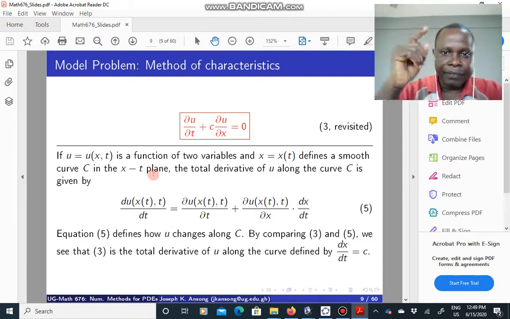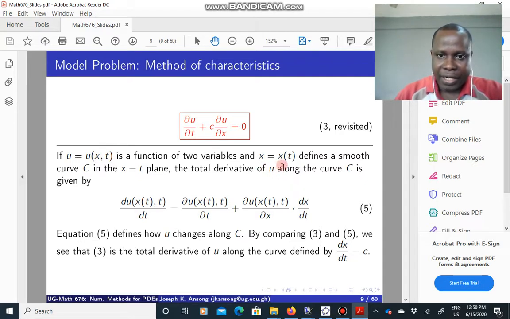All right, so u here is a surface. Let x equal to x of t be a curve on that surface. Okay, a smooth curve. Then the total derivative of u, or if you like the solution u along the curve c, is given by this, right?